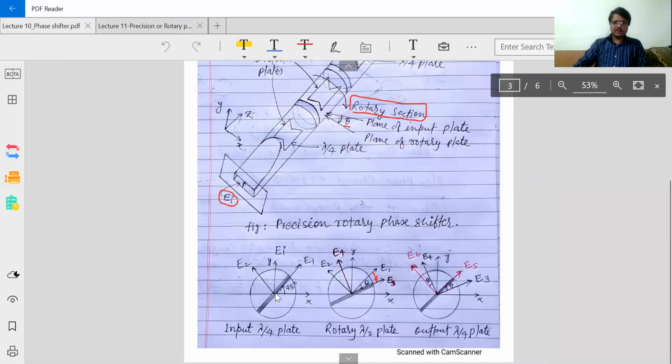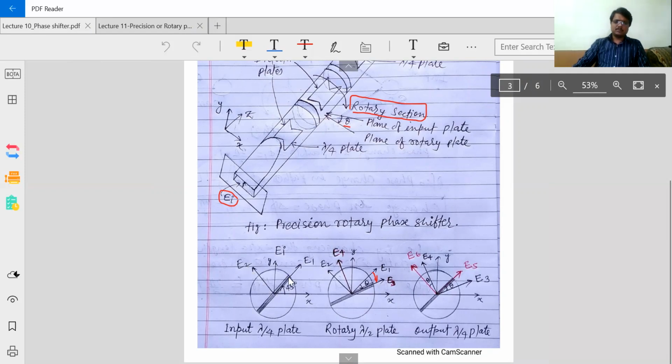We can see here, this is the plate. So the first decomposition is along the plate, that is E1, and the other decomposition of the electric field is perpendicular to this plate, that is E2. So this Ei will be decomposed into two components, one parallel to the plate, another perpendicular to the plate.